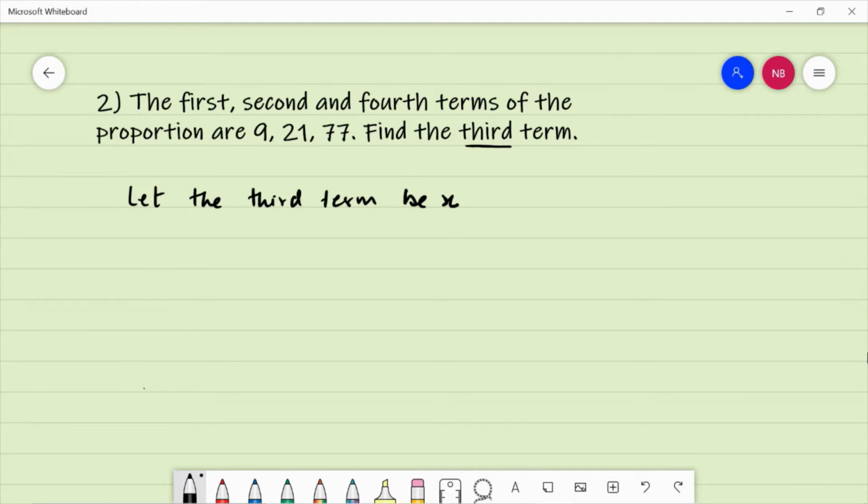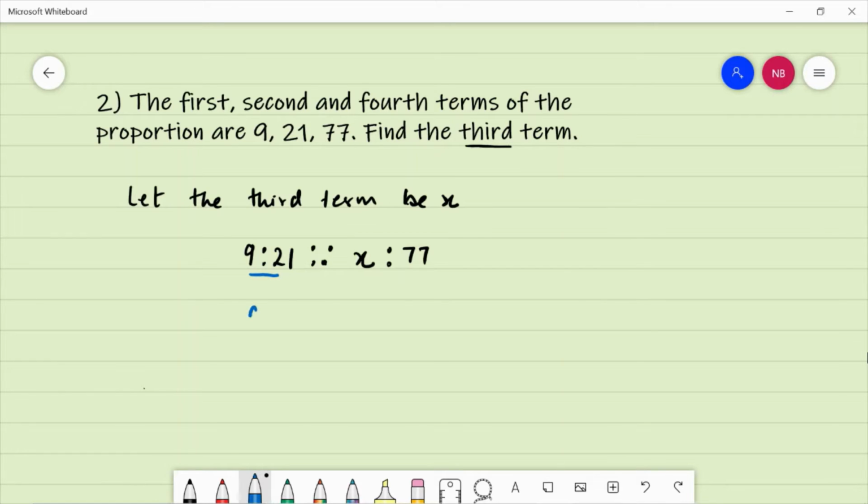Okay, so when I do that, now I can write my proportion statement. The ratios on one side: the first term, that is 9, is to 21, and this is proportionate to the third term, that is x, is to 77. So I'm using the fraction method. My first two ratios I'll write as a fraction.